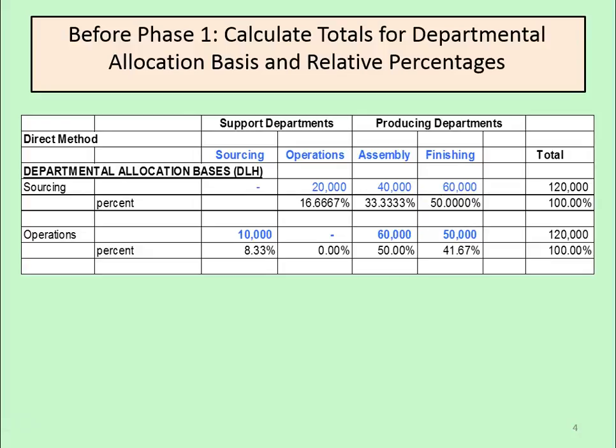So 120,000 hours, or 100% of its time, is spent either helping the operations department, the assembly, or the finishing department. The operations department spends 10,000 out of 120,000 hours, or 8.3%, of its time helping the sourcing department. The rest of its direct labor hours are spent supporting the assembly and finishing production departments.